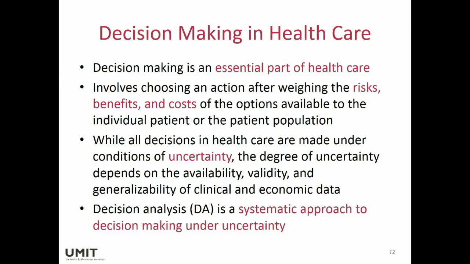Decision-making in healthcare. What is it about decisions? Well, we have a lot of decisions to make in healthcare. That's an essential part. And that also includes weighing and trade-offs between different goals we want to achieve. So we may have a drug that has increased benefits in terms of extending life expectancy, but there may be some risks of side effects, or there may be some chemotherapies that reduce quality of life while you get the treatment.